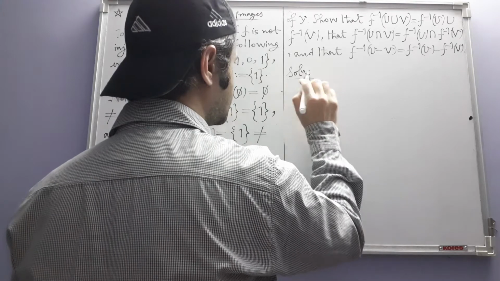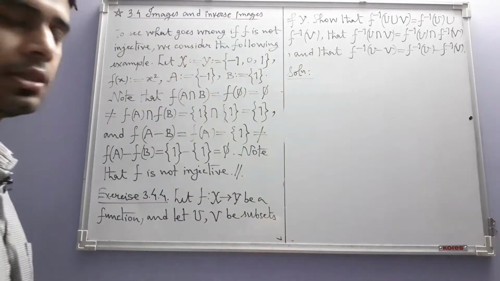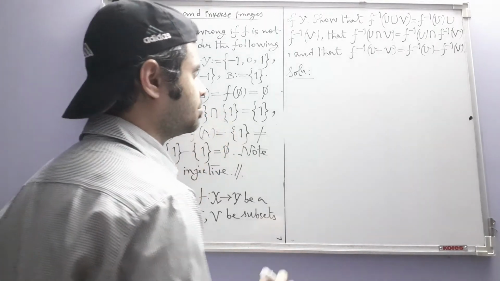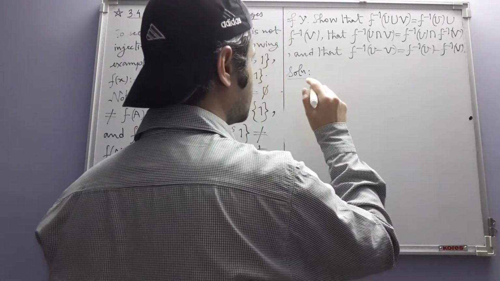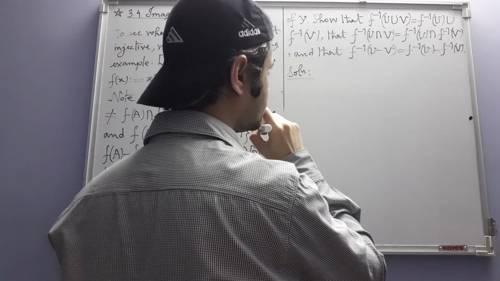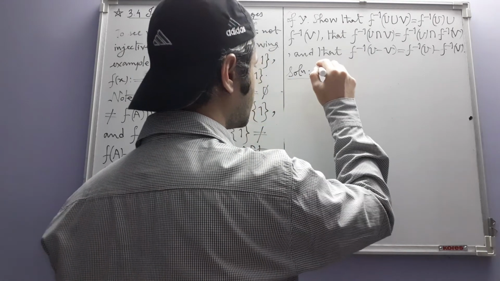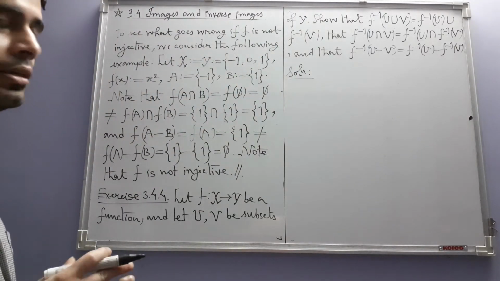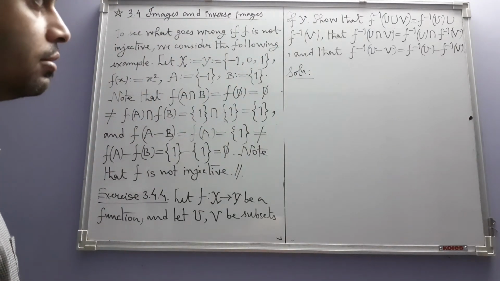So I'm not going to say much since we have already seen one such exercise. I'll just do the steps. So first we prove the union. We can in fact proceed just like the previous solution.